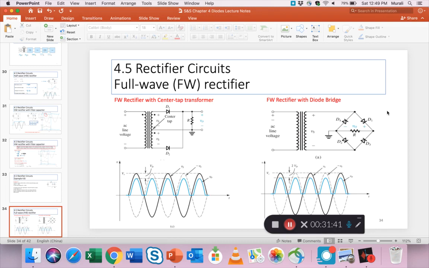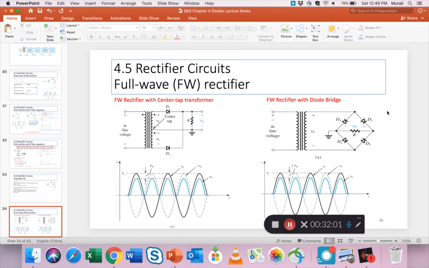So D1 only works for half a cycle, right? The other half, it just blocks. But while it is blocking the second half, D2 picks up that second half and it is now conducting.